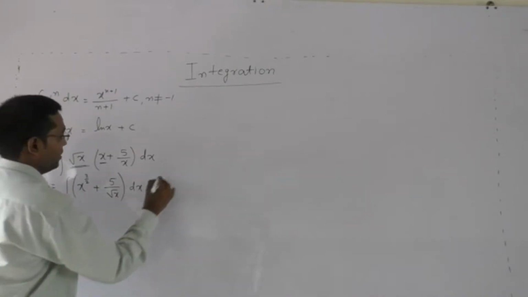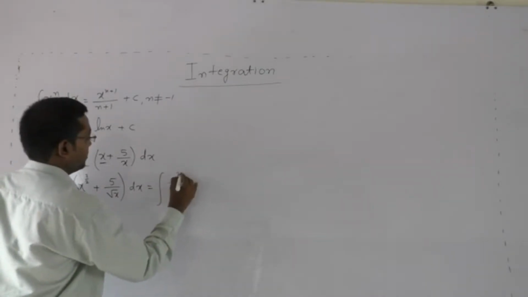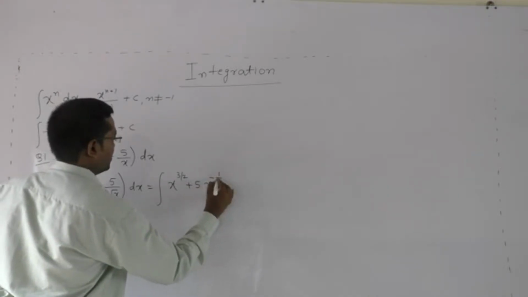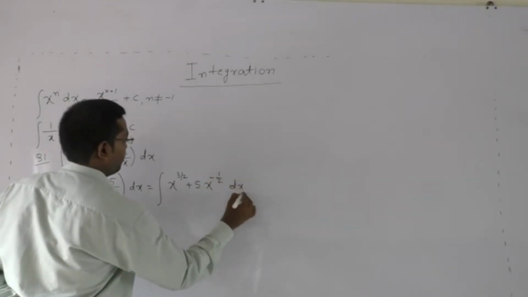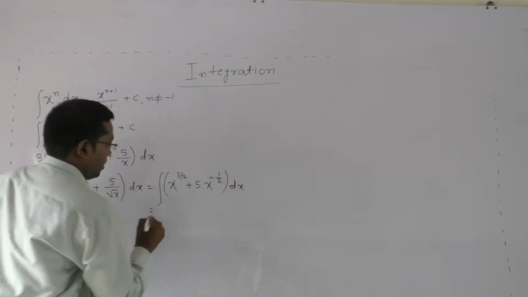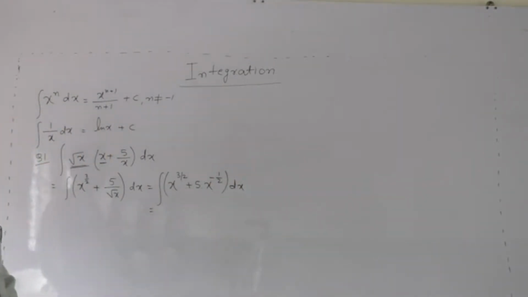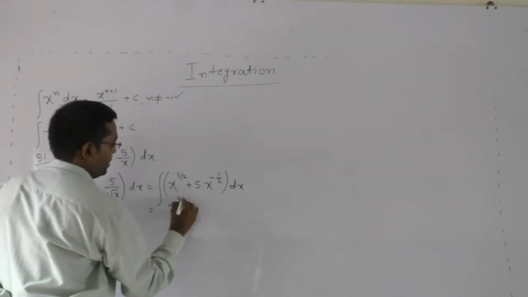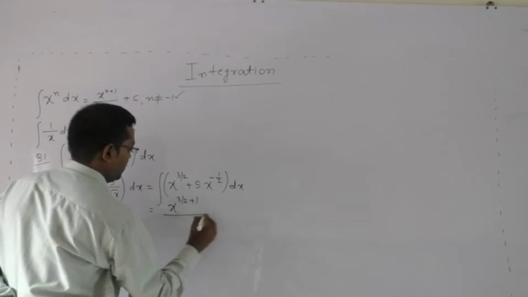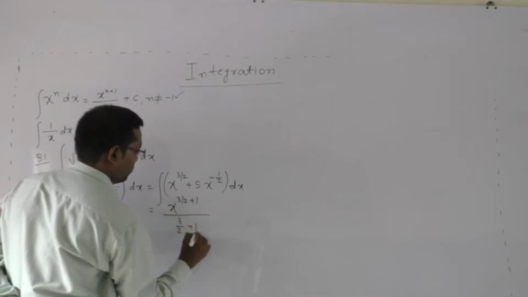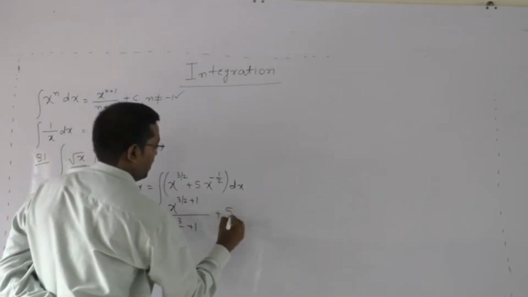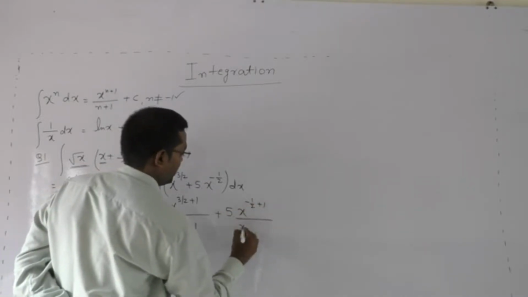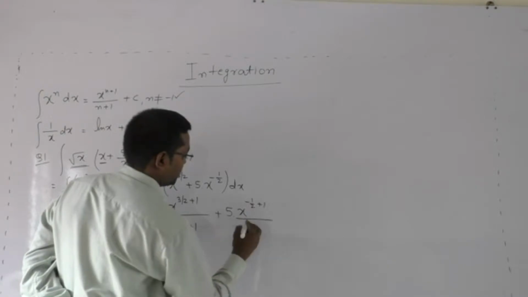Now this can be written as integration of x raised 3 by 2 plus 5 into x raised minus half dx. Now it is there in the standard form. We can use this formula to solve it. Apply it: x raised 3 by 2 plus 1 divided by 3 by 2 plus 1, plus 5 into x raised minus half plus 1 divided by minus half plus 1.